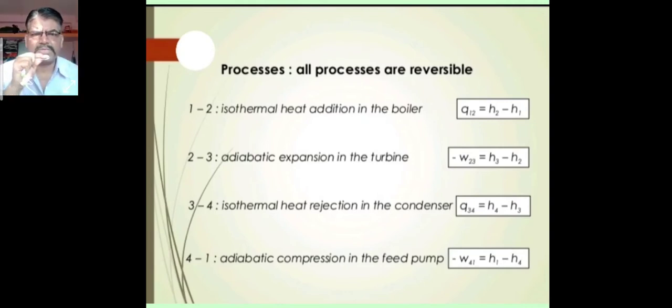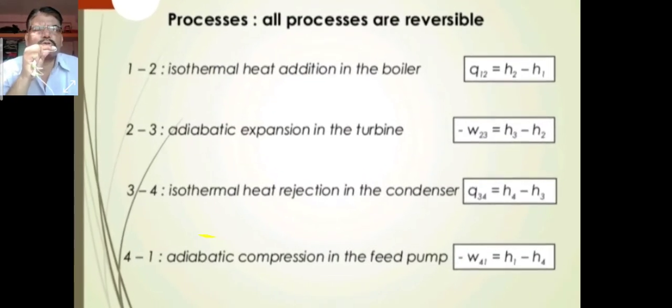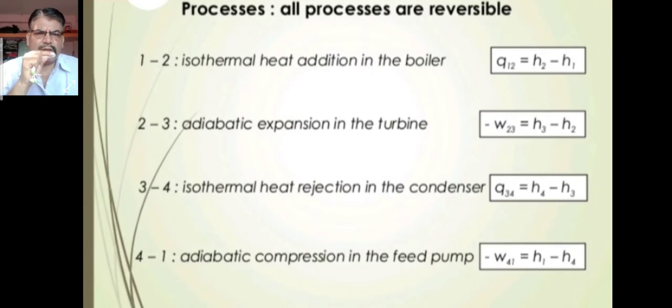Now we represent all the processes. If the boiler is in between 1 to 2, then the heat supplied by the boiler is nothing but H2 minus H1. If the turbine is in between 2 to 3, then the work done by the turbine is given by H3 minus H2.